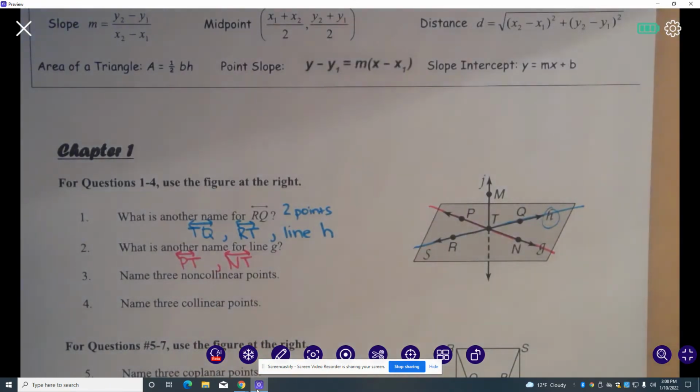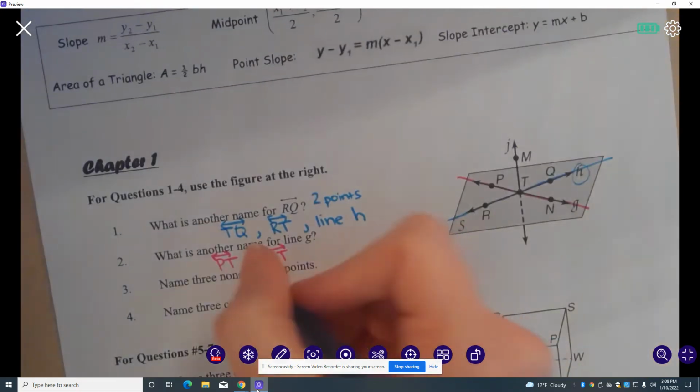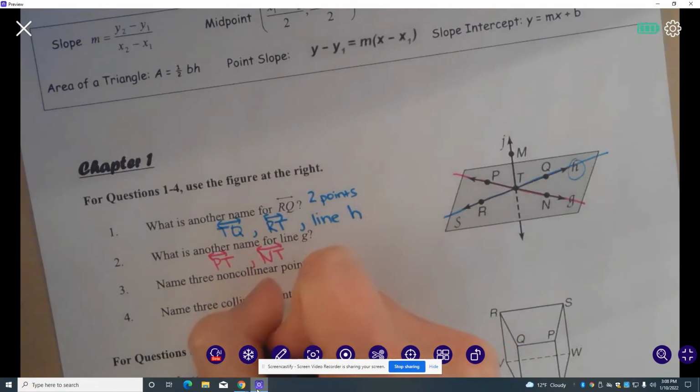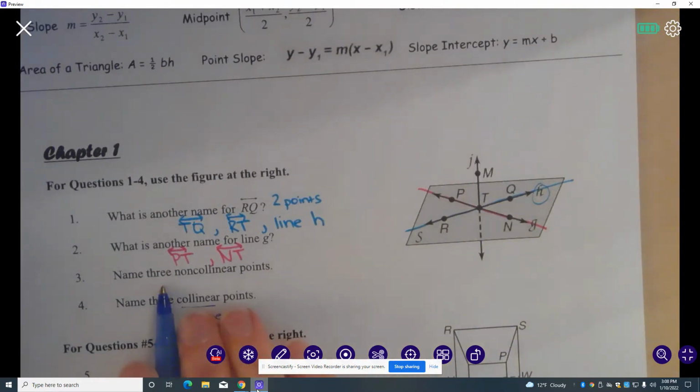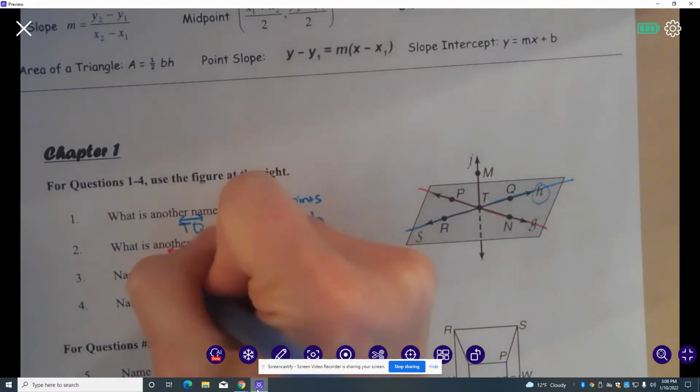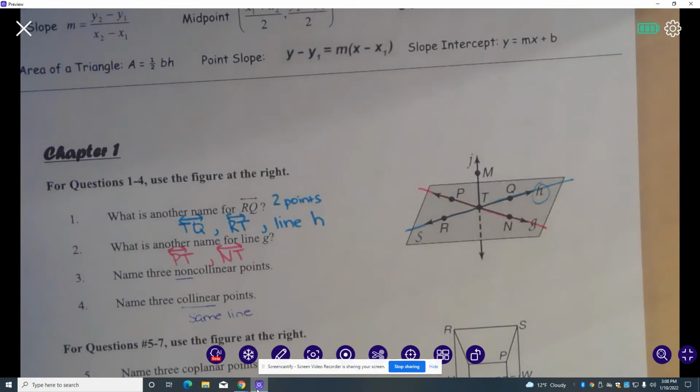In number 3 and 4, we have to remember what it means to be collinear. So remember, collinear points, the points are on the same line. So in number 3, we're going to name 3 non-collinear points. So we need to name 3 points that do not all lie on the same line. You could not draw a single line through all 3.